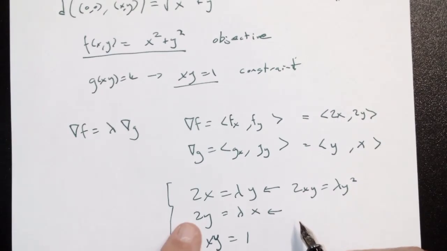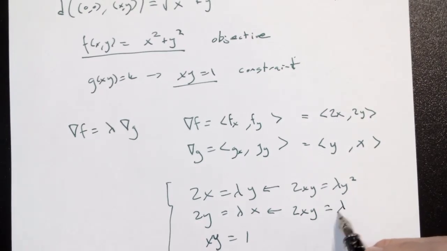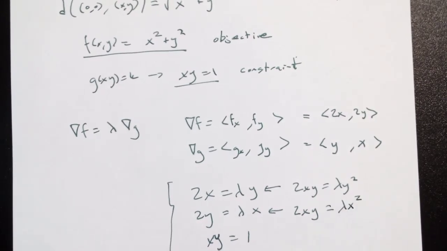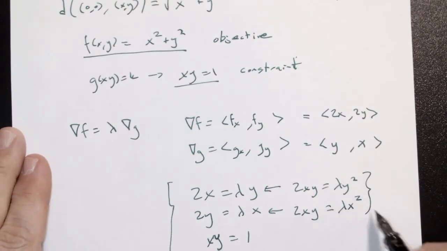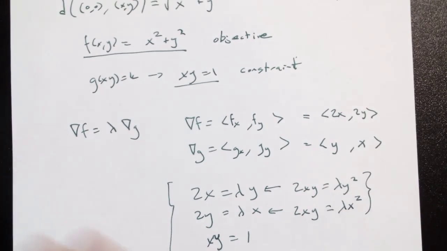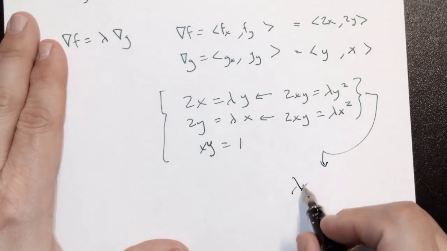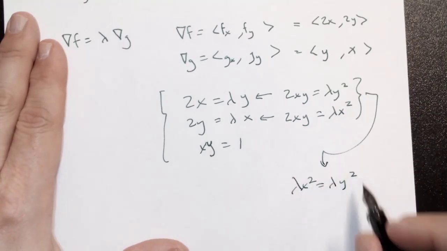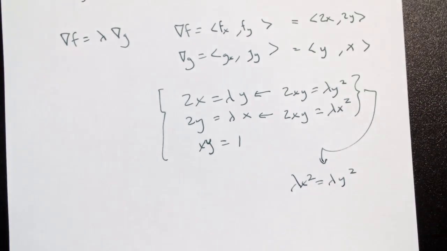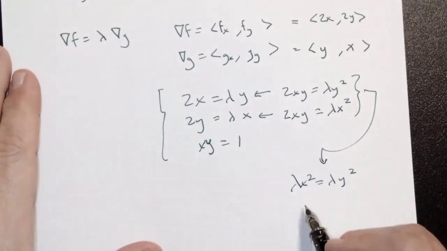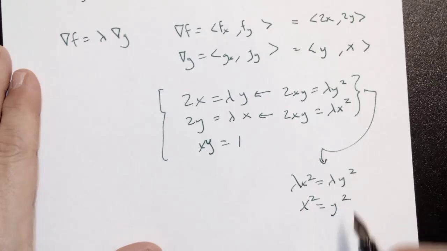What do I get on the left side? Wonderful. 2xy equals lambda x squared. So those put together tell me that lambda x squared equals lambda y squared. But lambda is a number, so I can cancel it out. And that means that x squared equals y squared.